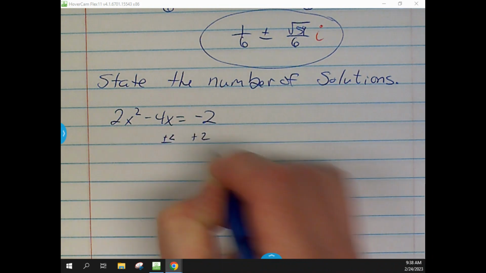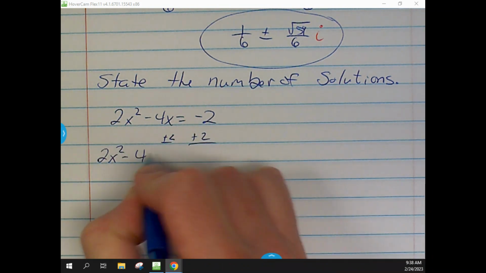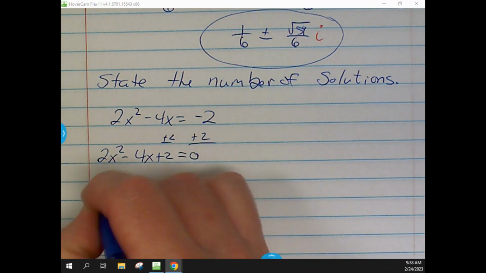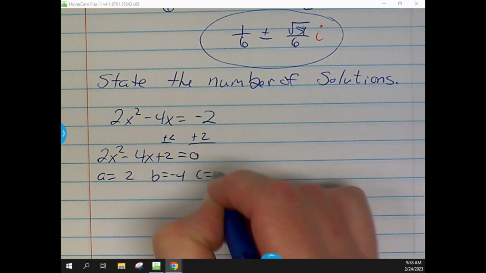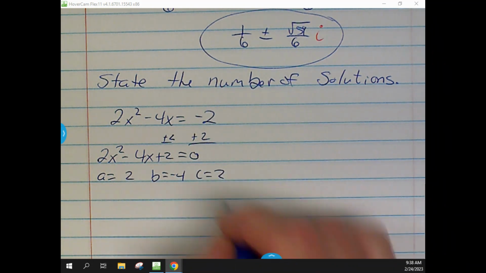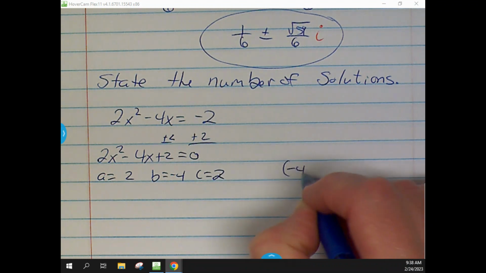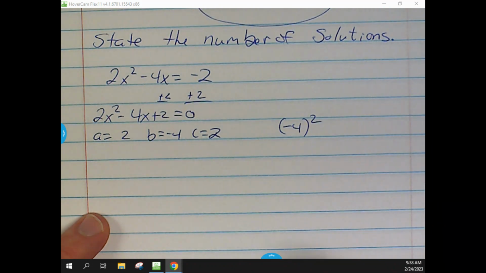Okay. Again, first thing hopefully you did was you add the 2 to both sides. A is 2. B is negative 4. C was 2. So if we plug that in, that's B squared. And again, be careful with that one, because if you've got the negative, make sure it's in the parentheses.